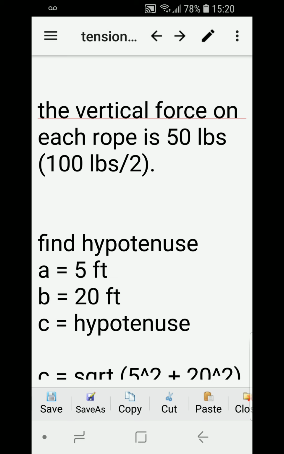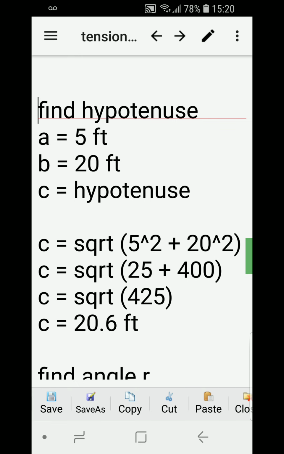And so we find the hypotenuse first. We have our A, 5 feet, that's the sag. B is 20 feet, that's the midpoint of the two walls. And C is the hypotenuse.